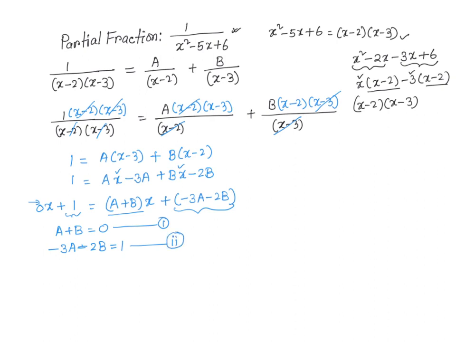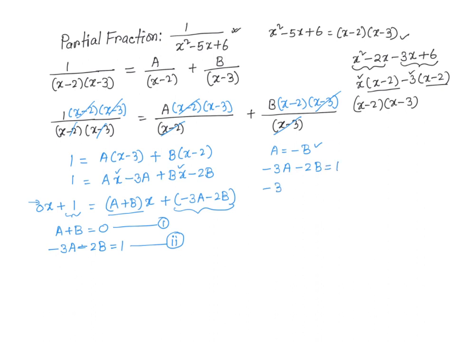Now I have two equations with two unknowns. Remember how to solve it? Of course, you can use substitution, the elimination method, whatever it is. I'm going to use the substitution method. From equation 1, I get a is equal to negative b. I'm going to take this value and plug it into the second equation. So negative 3a minus 2b is equal to 1.